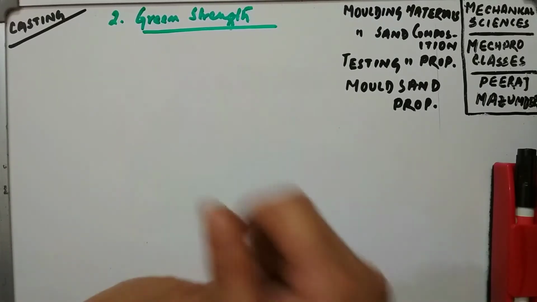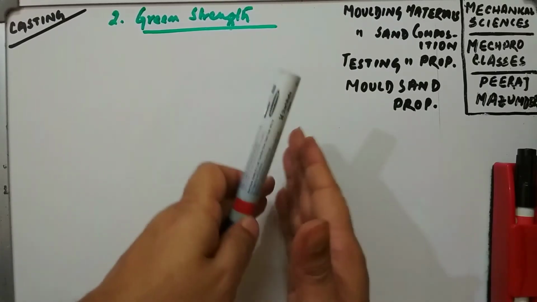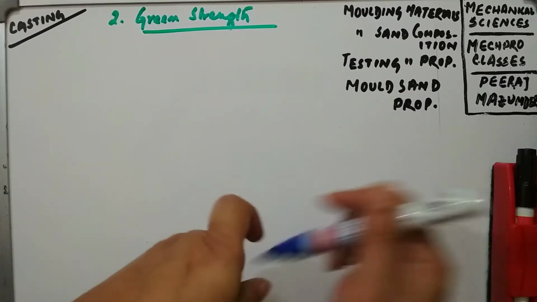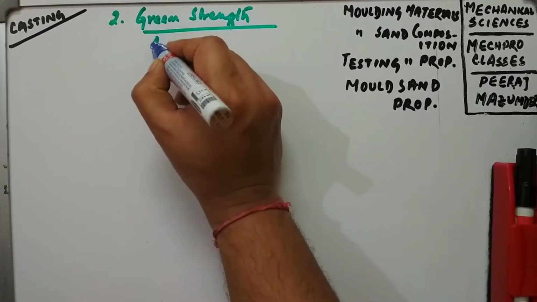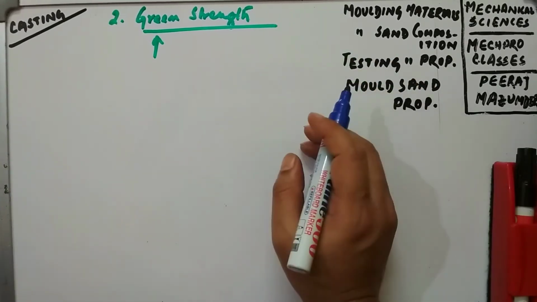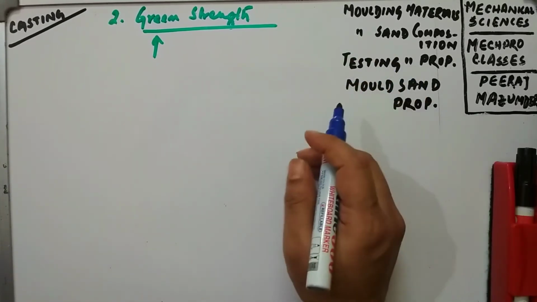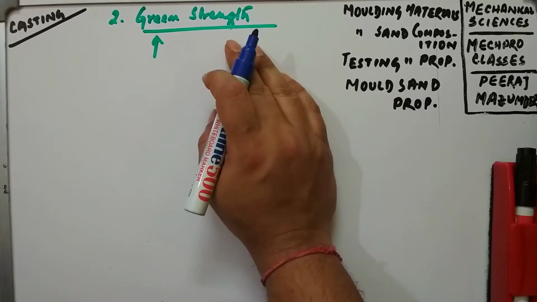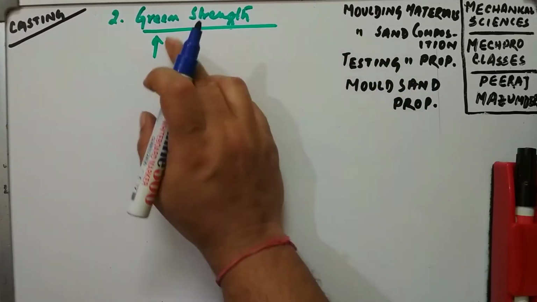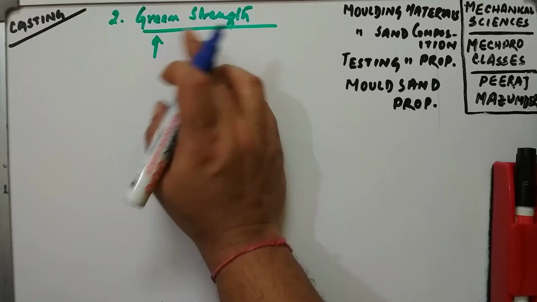The next most important property of molding material is green strength. Now you must be wondering why it is named as green. Strength you already know, the strength of the molding sand or molding material is playing a vital role in holding the sand together. So you know strength, but you are wondering why it is known as green strength.